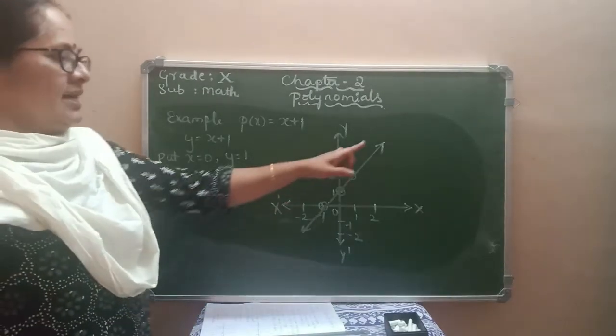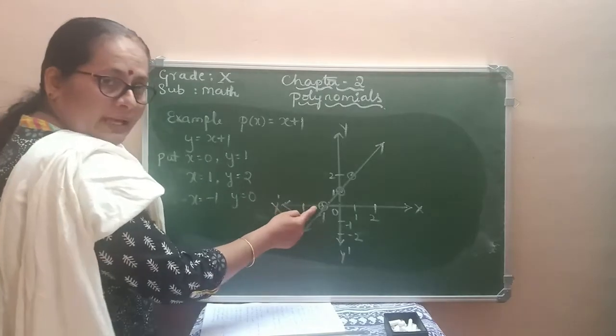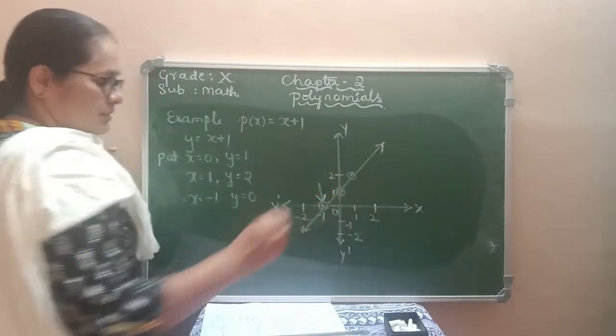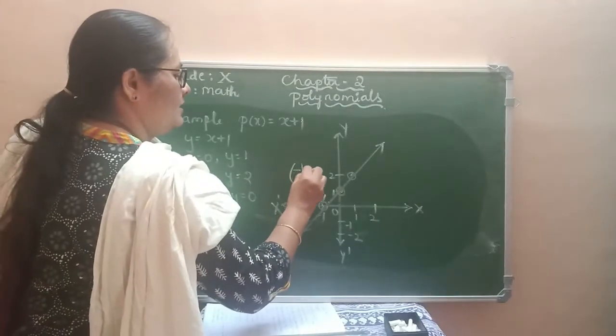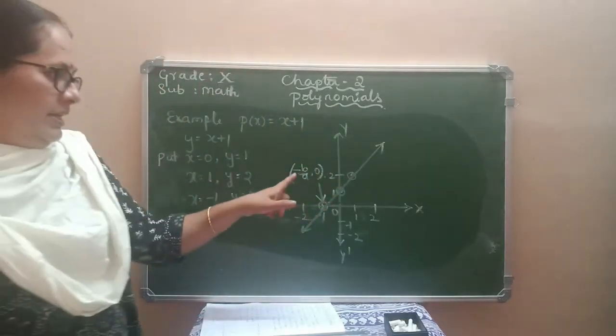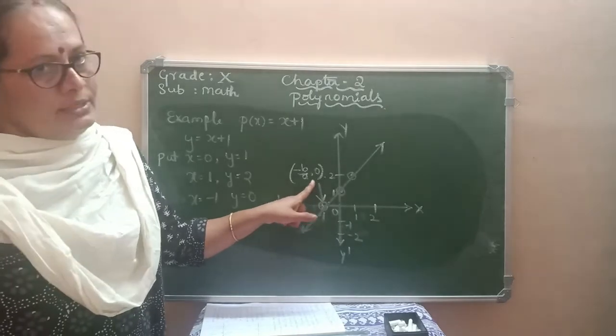So this straight line intersects the x-axis at only one point. This point gives the 0 of the polynomial, that is minus b by a, 0. The x coordinate is minus b by a and the y coordinate is 0.